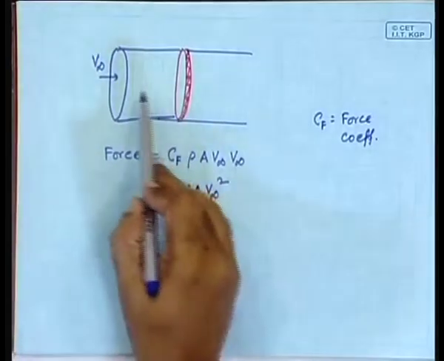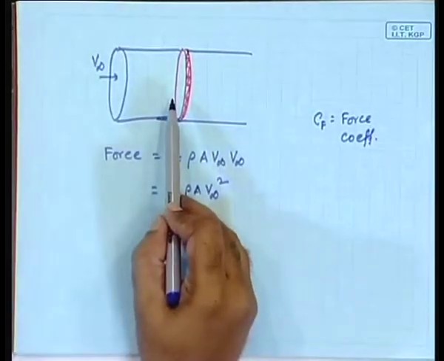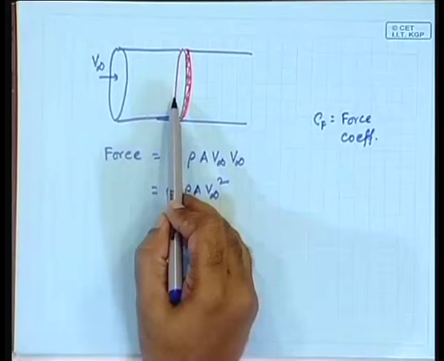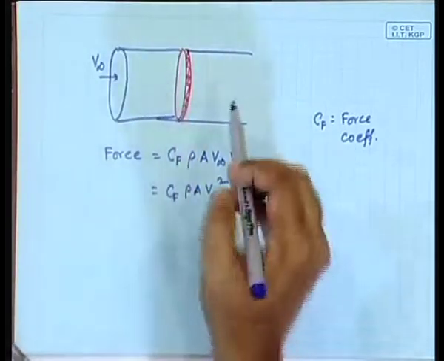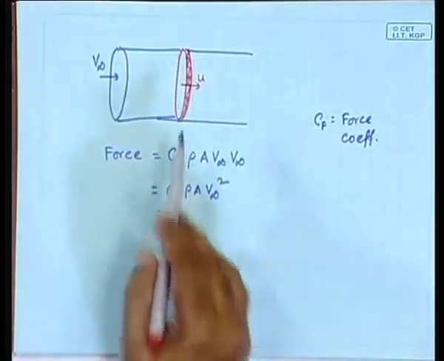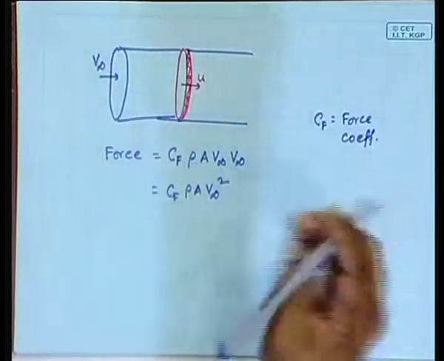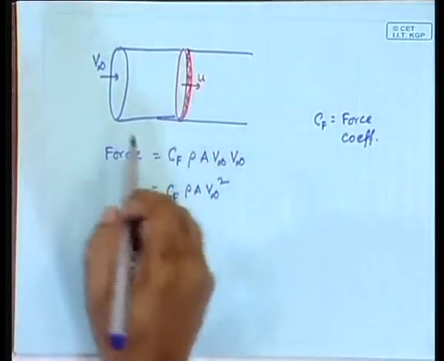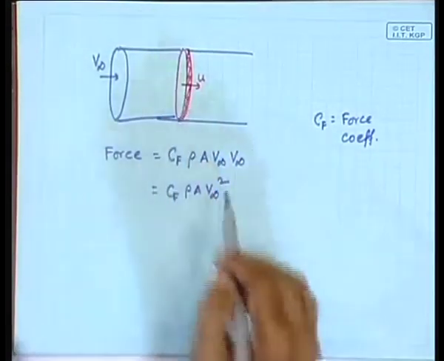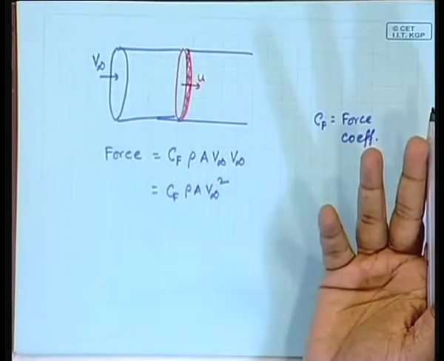Now this fellow moves. Suppose it moves with a velocity u, then how much will be the force experienced by it? It will see a wind velocity that is V infinity minus u, and the same expression will be there, only V infinity will be replaced by V infinity minus u.